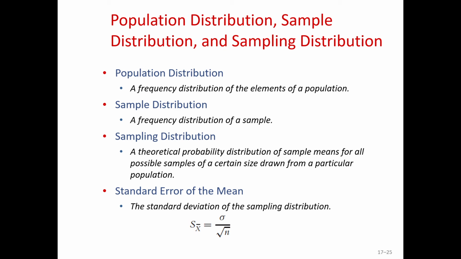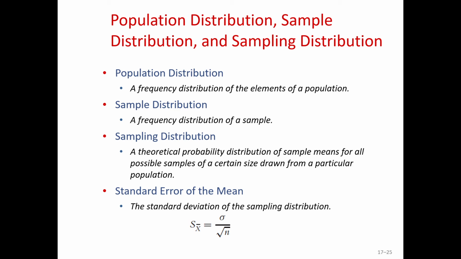Assuming the samples were randomly selected, the sample means could be arranged in a frequency distribution. But because different people or sample units would be selected in each sample, the sample means would not be exactly equal. So the shape of the sampling distribution is of considerable importance to statisticians.